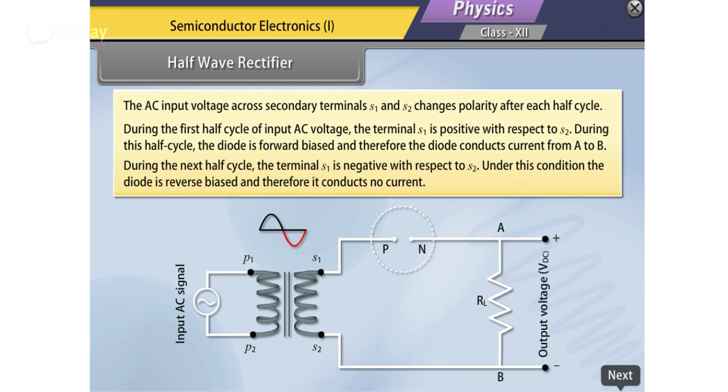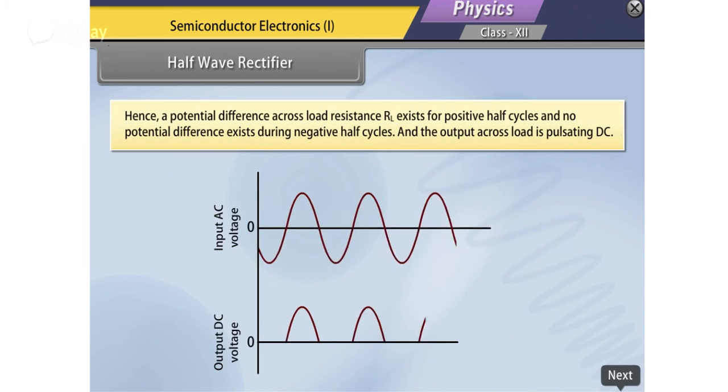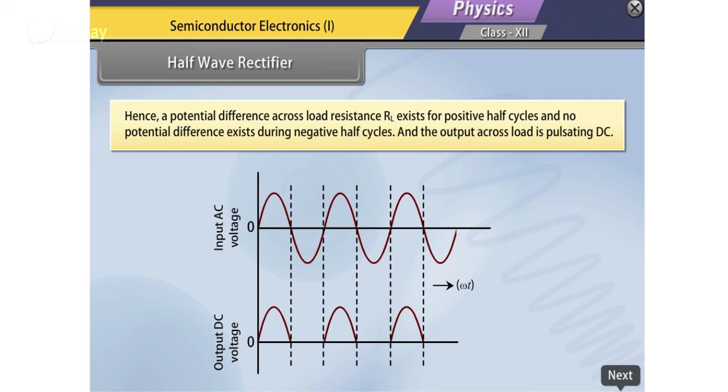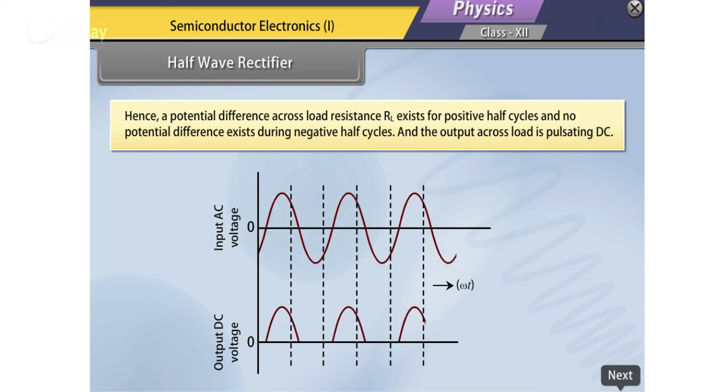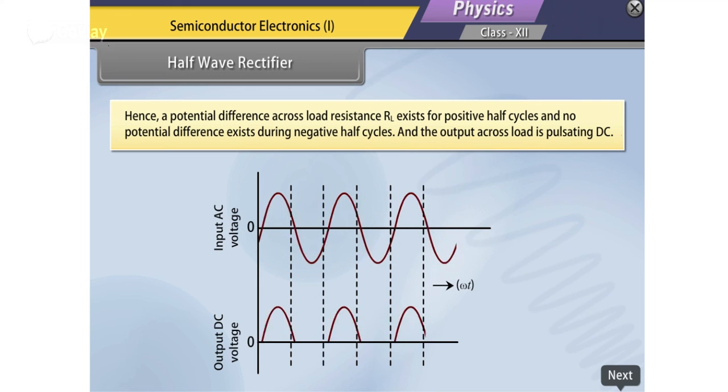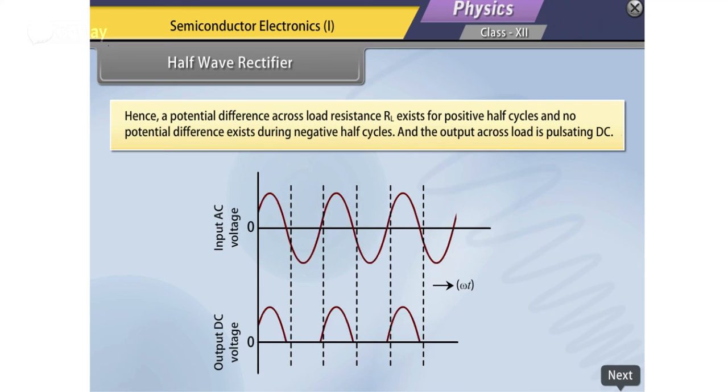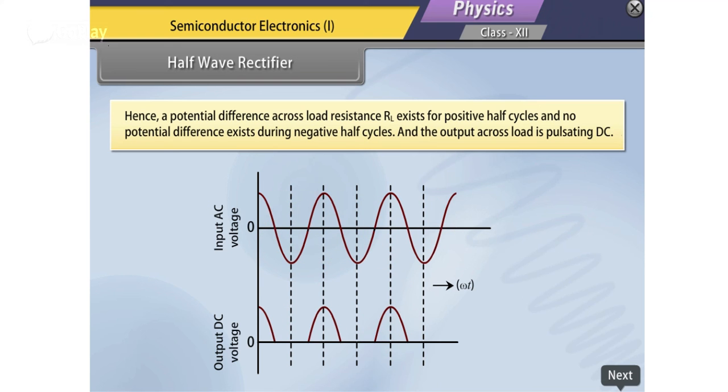Under this condition, the diode is reverse biased and therefore it conducts no current. Hence, a potential difference across load resistance RL exists for positive half cycles and no potential difference exists during negative half cycles, and the output across the load is pulsating DC.